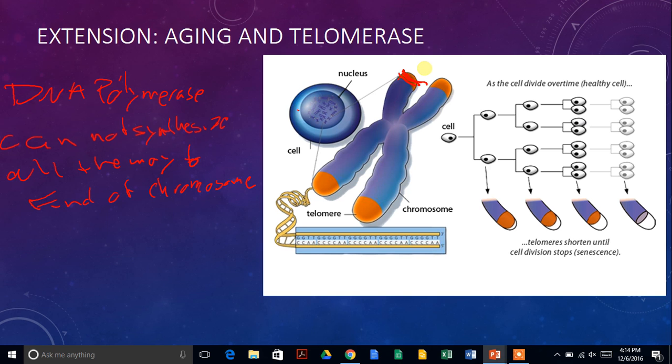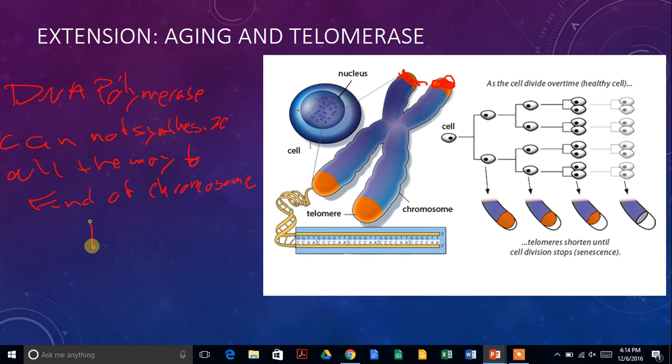What's nice, though, is if that were happening, you'd be like, hey, I'm losing genes every single time as I get older. My DNA is not working right. I lose genes that I need. What's nice is the end of these chromosomes, these telomeres, have a repeating pattern, like T, T, G, G, G, G or A, C, C, C, C pattern, like this.